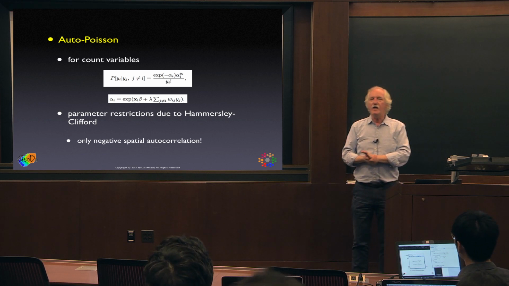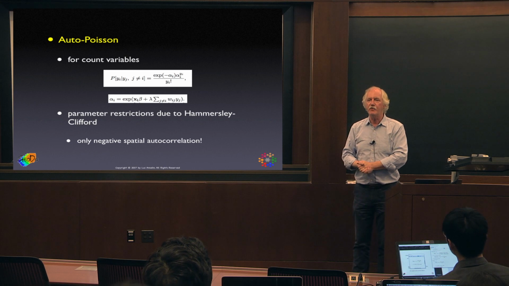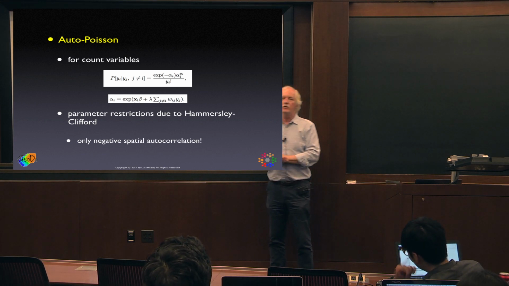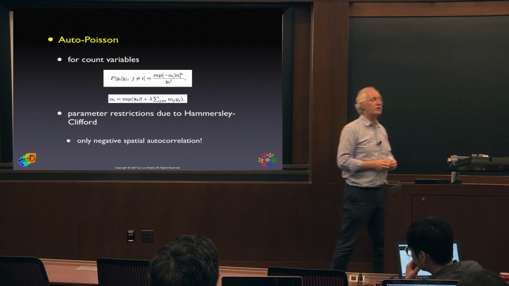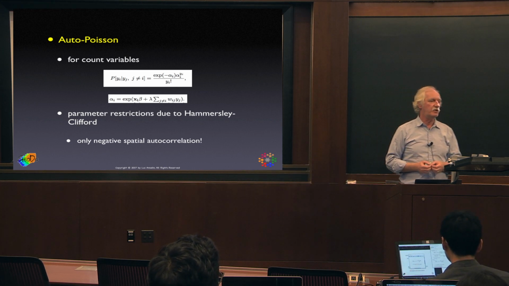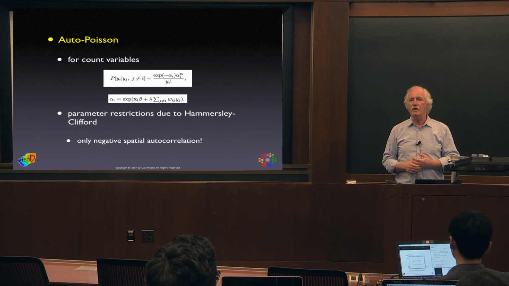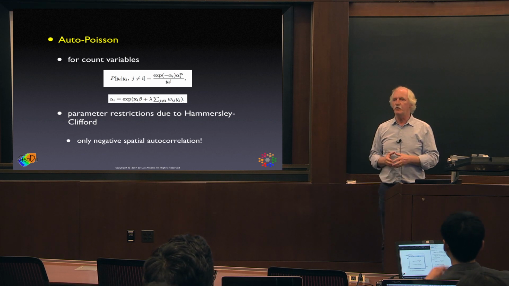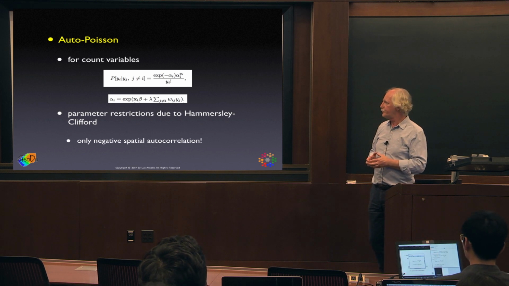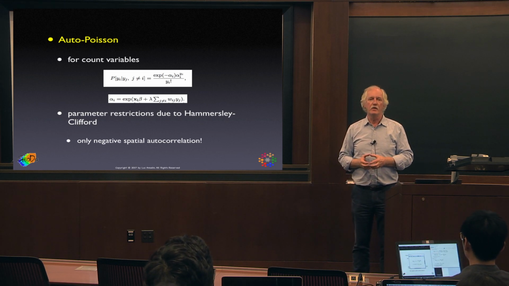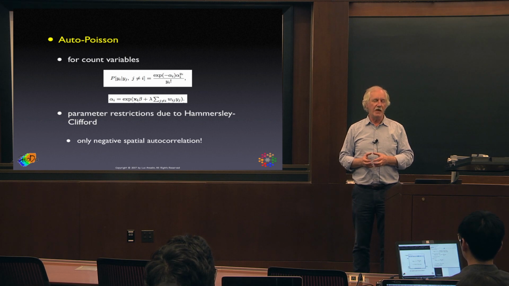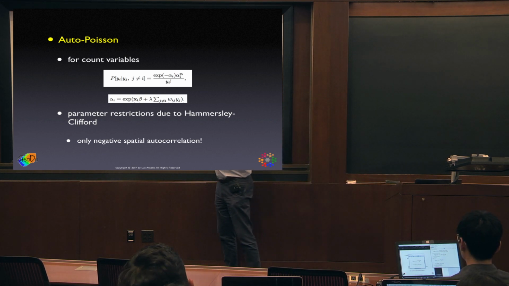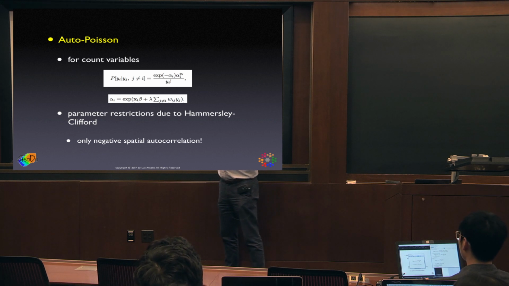But basically, this is where Hammersley-Clifford comes to bite you, because the only way you can do this without further restrictions is to model negative spatial autocorrelation, which we're basically not interested in. So the best practice, if you wish, to model count variables this day and age is as a Bayesian hierarchical model, where you basically have this set up, but then this becomes a random parameter.